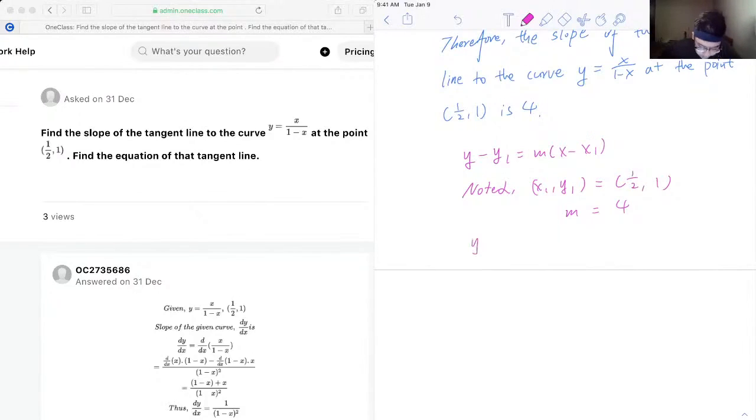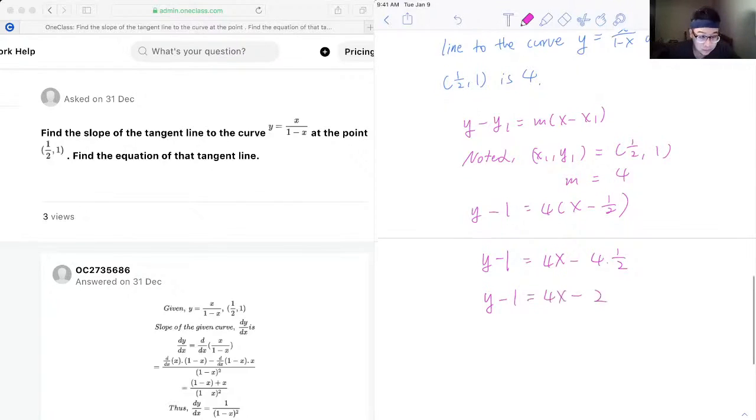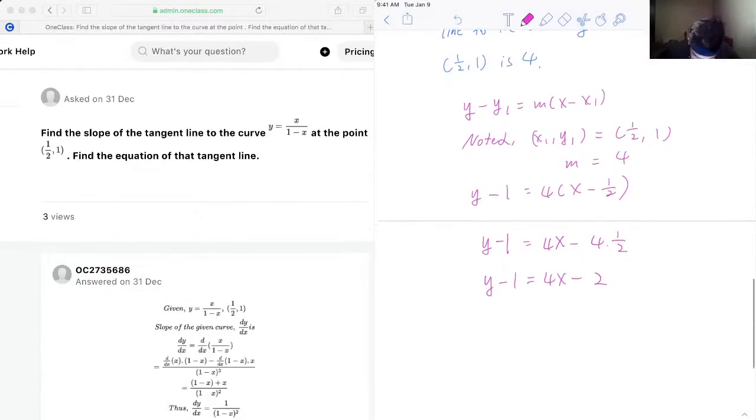So we have y minus 1 is equal to 4 times x minus 1 over 2. By simplifying that, we have y minus 1 is equal to 4x minus 4 times 1 over 2. So we have y minus 1 is equal to 4x minus 2. And we will have y is equal to 4x minus 2 plus 1.